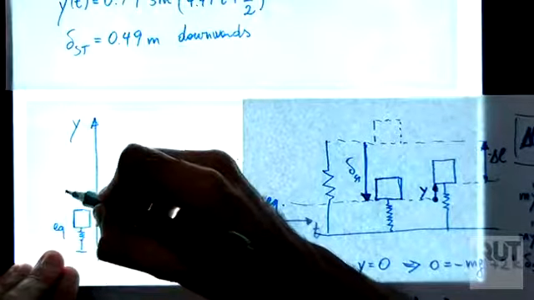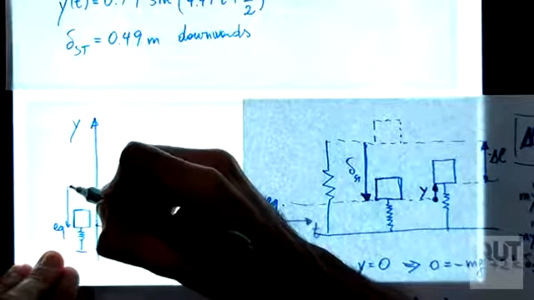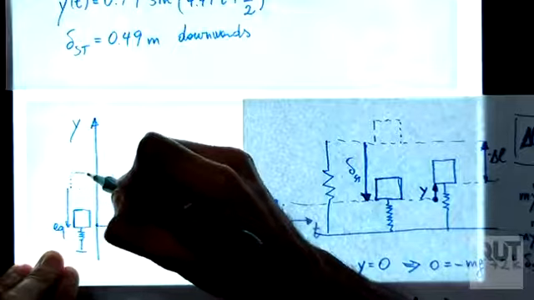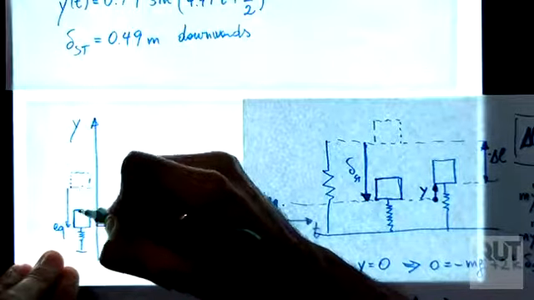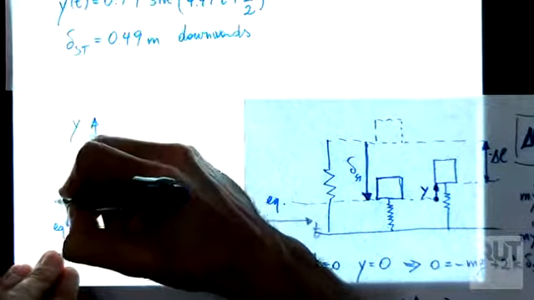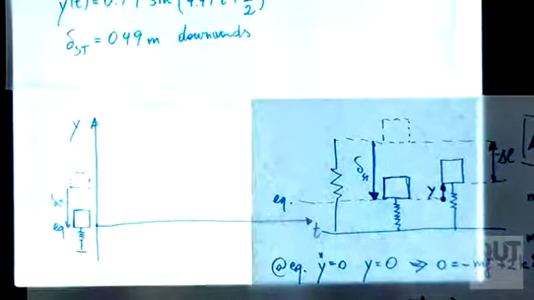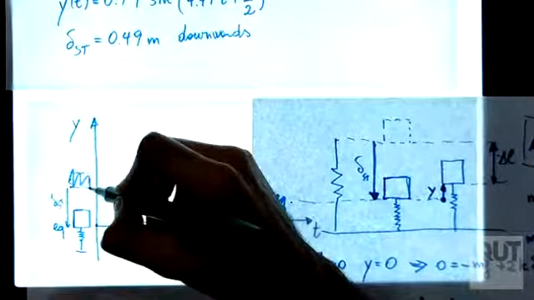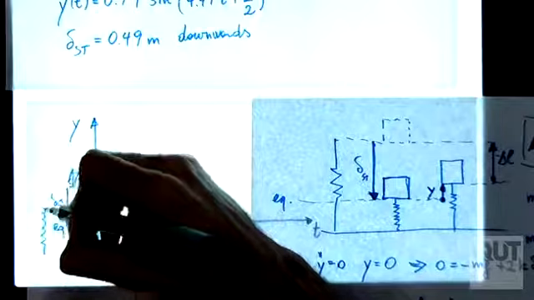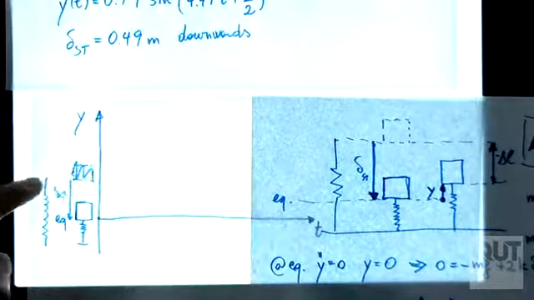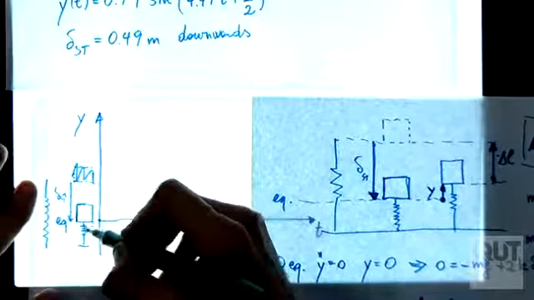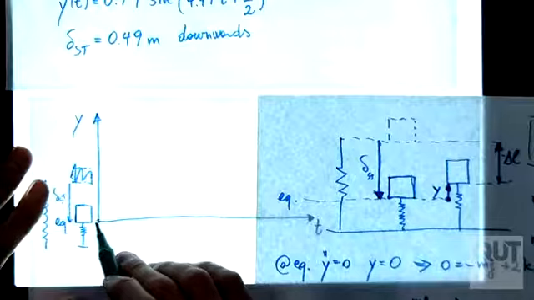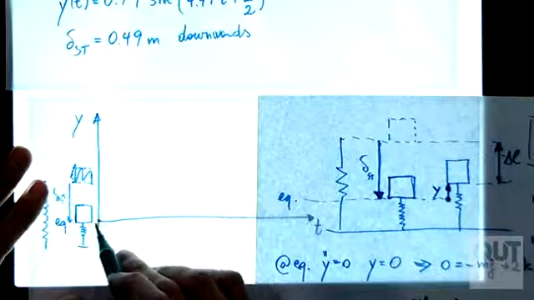This has gone down from an initial free spring length position of delta static. You remember that, right? This was like this at the beginning. This is the free length. Delta static brought it down to this equilibrium position, and now we define y equal to 0 at this position.